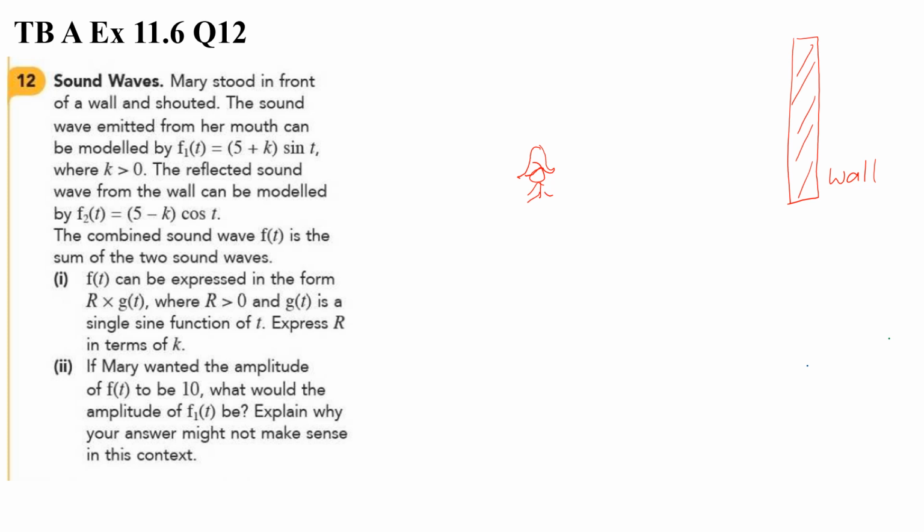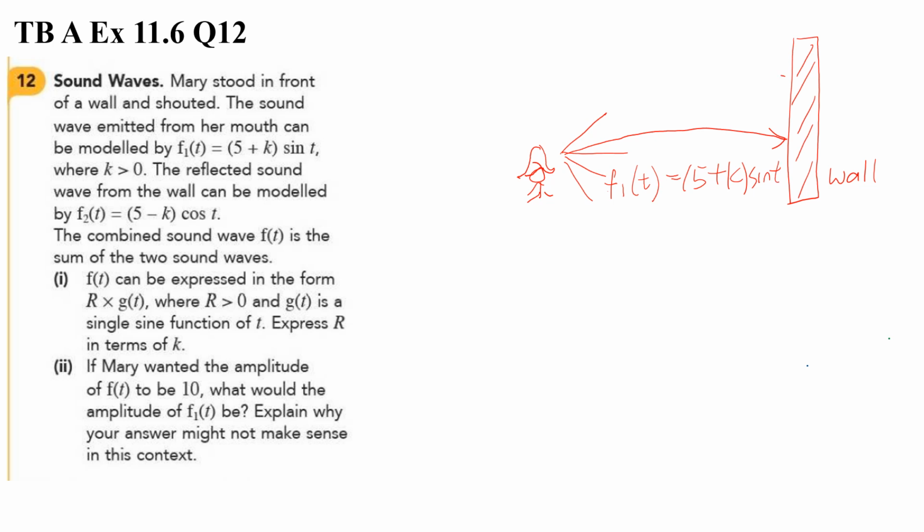For some reason, she shouted. When she shouted, of course there is sound. It can be modeled using f1(t) equals 5 plus k sine t. This is her shout. And then the sound will bounce back as an echo.